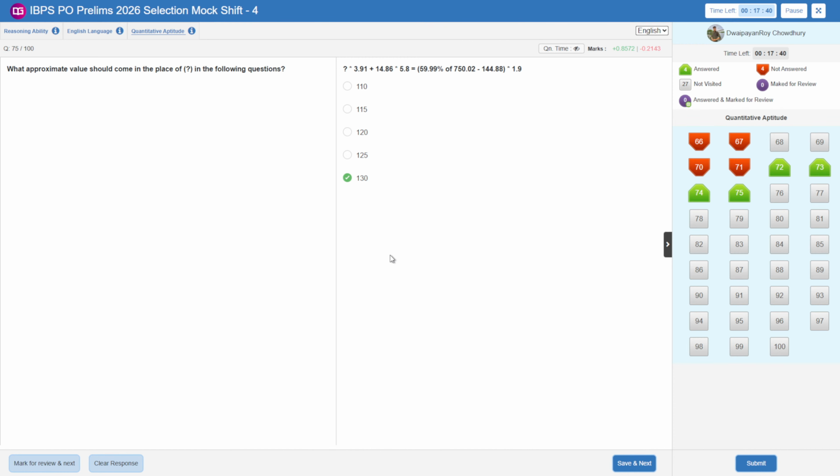This is 4x. This is 15 times 690. Then 60% of 750. So 150 into 3. Okay, this is 145, right? If this is 145, this is going to be 610 and 9520, then 130.